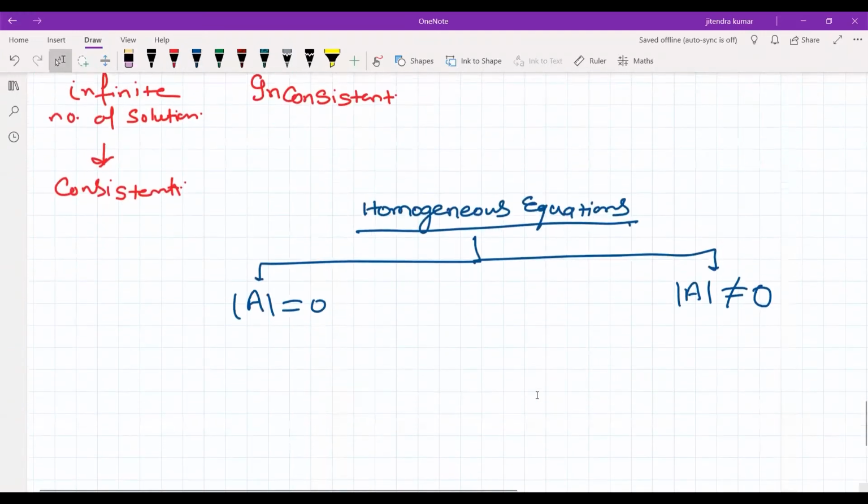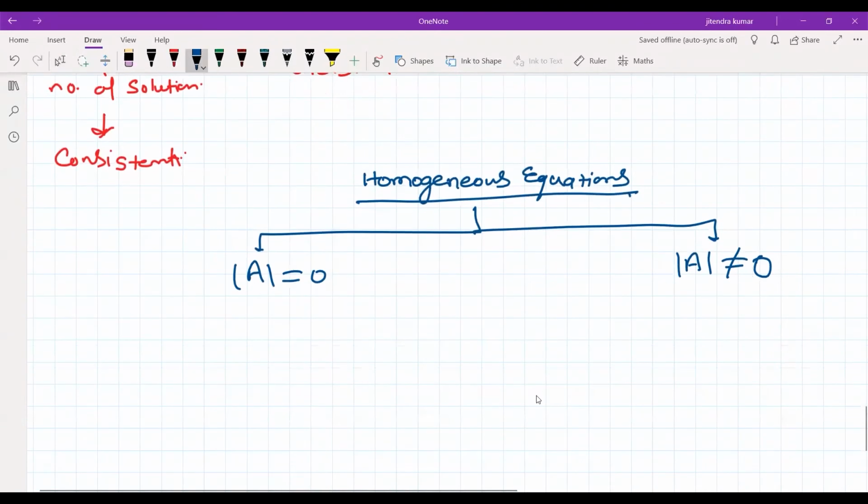If it is not equal to 0, it means it has a unique solution. And if determinant of A is equal to 0, it means it has an infinite number of solutions.